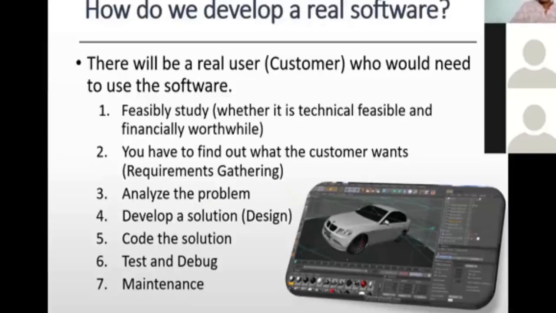For example, say we are going to implement an ATM system using fingerprint. For that, the first step will be the feasibility study. What do we mean by feasibility study? Our idea is to implement a fingerprint ATM system.